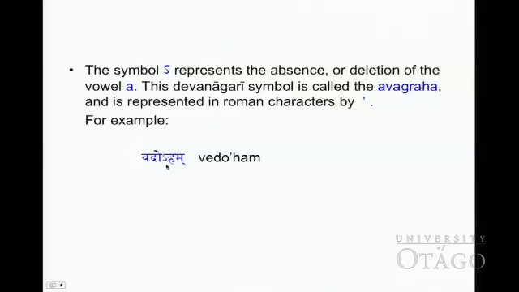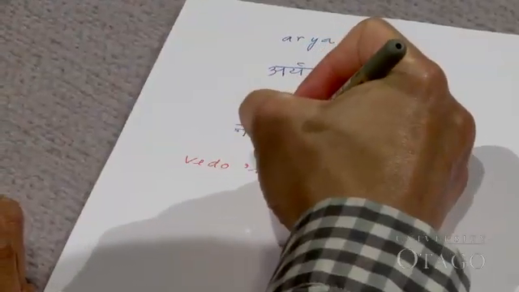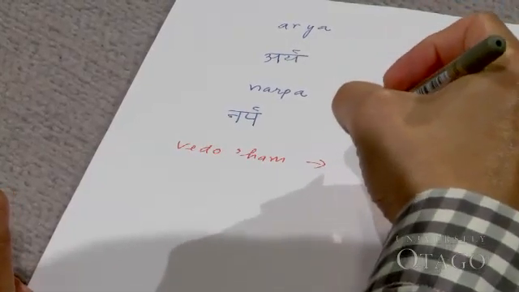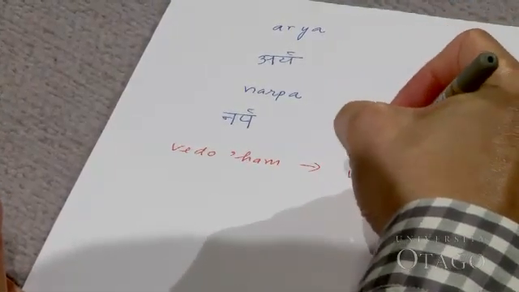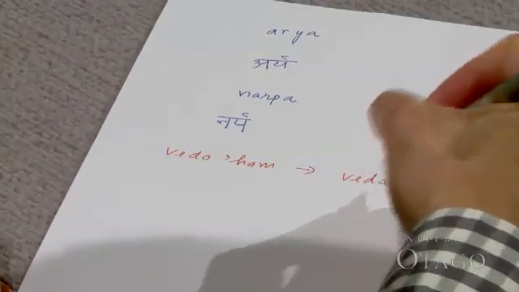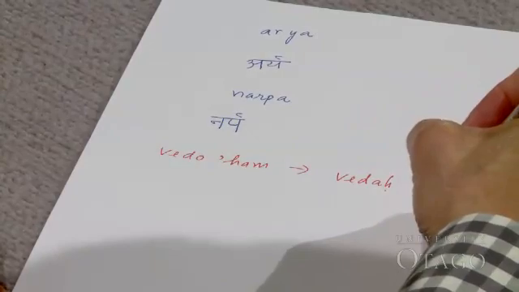For example, devoham. You see from the slide, devoham is shortened from a sandhi that comes from devo plus aham.